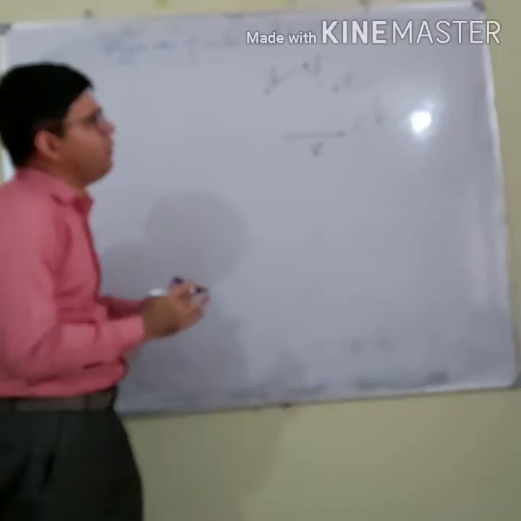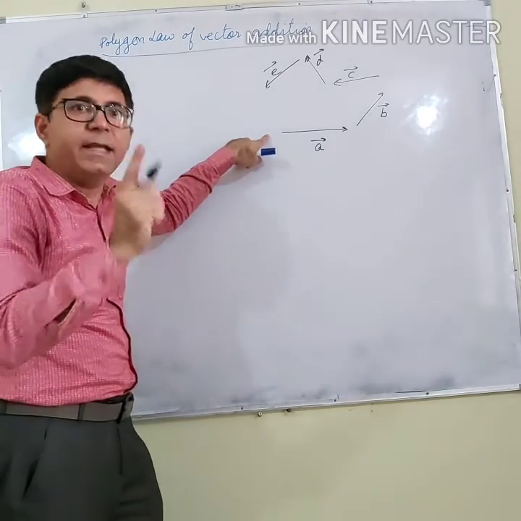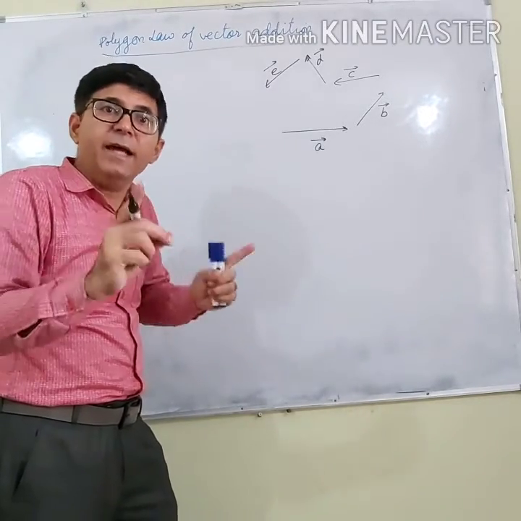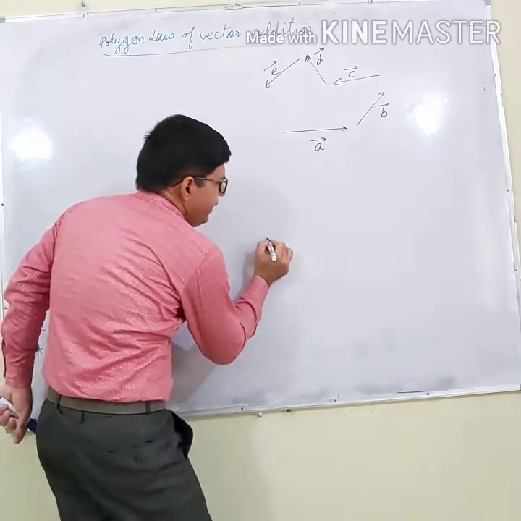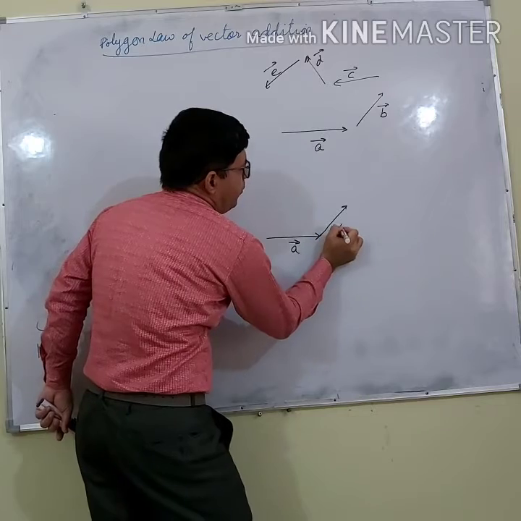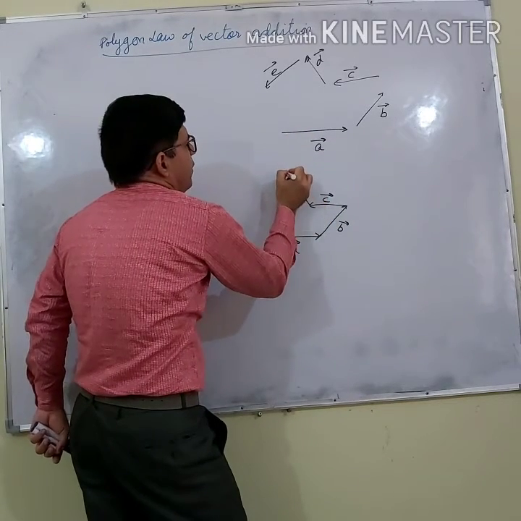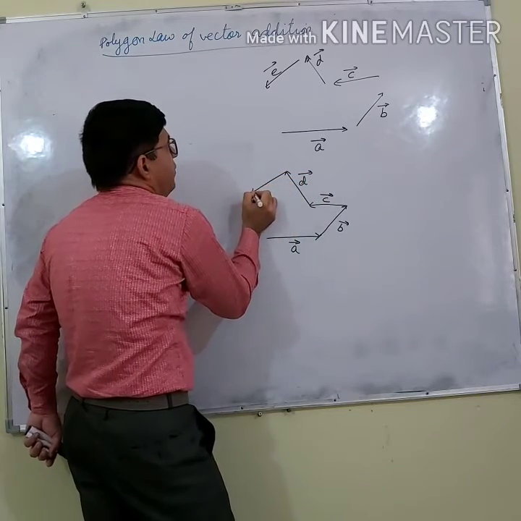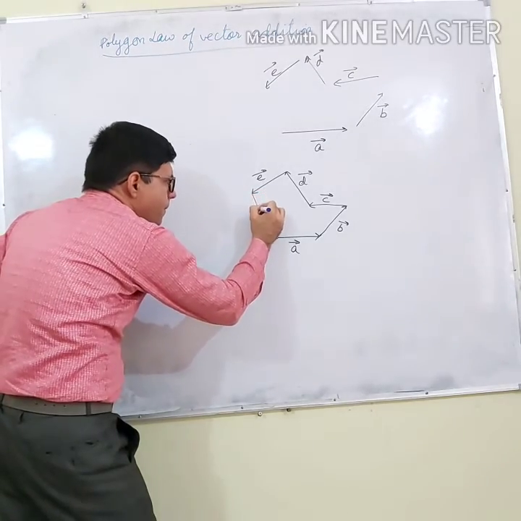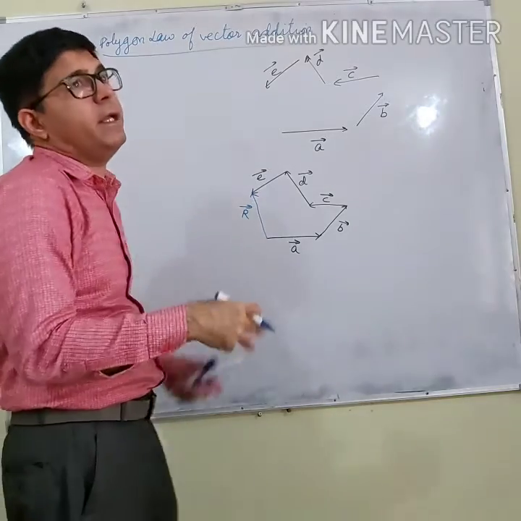What is the polygon law of vector addition? According to this law, if a number of vectors acting on a particle at the same time can be represented by adjacent sides of a polygon taken in the same order, let us say this is vector A, this is vector B, this is vector C, this is vector D, and this is vector E, then their resultant will be represented by the enclosing side of the polygon taken in the same order.